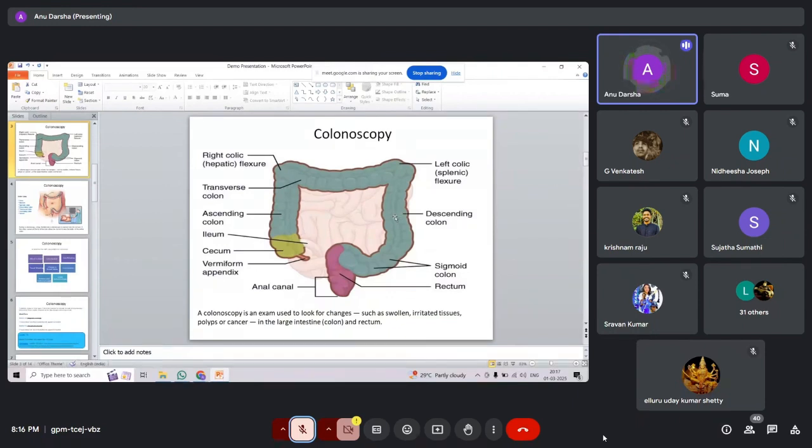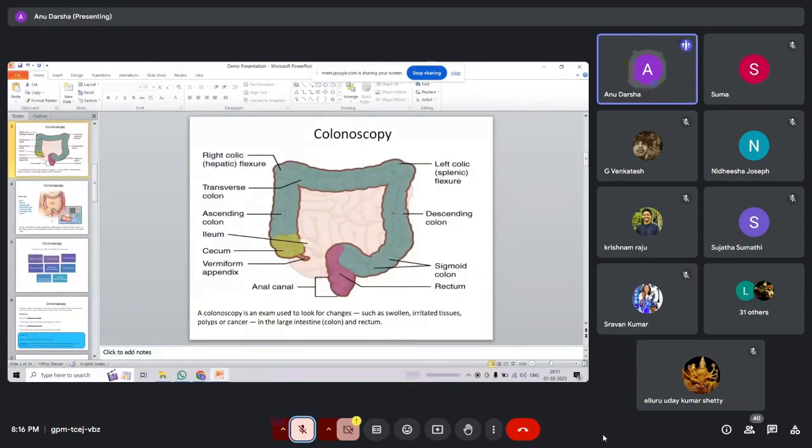If it is obstructed, they are not easily passing the scope. If they pull the scope forcefully, what happens, there could be some bleeding or something may happen, which may be life threatening to the patient. Okay, the patient may have certain complications if they do it forcefully. So what they do, they will terminate the procedure here itself.